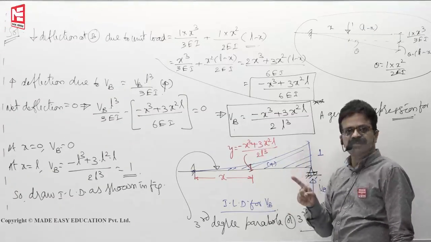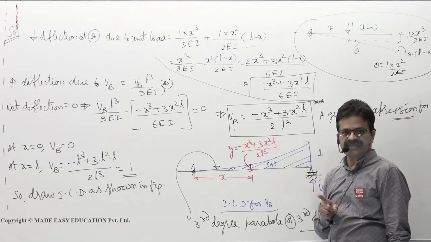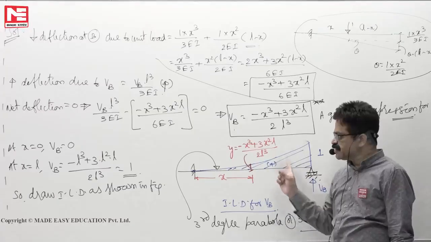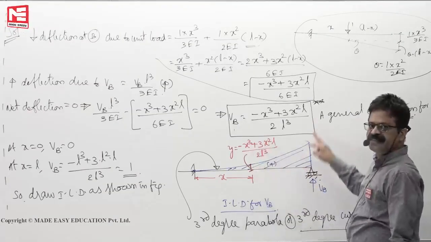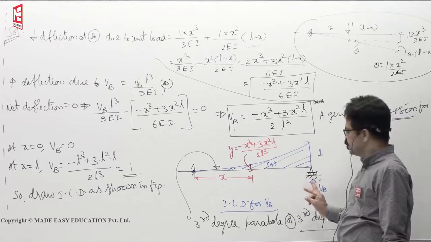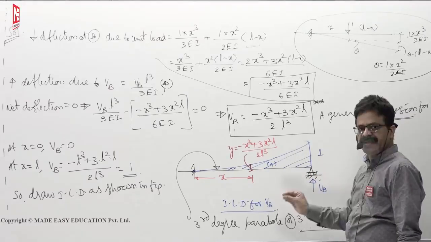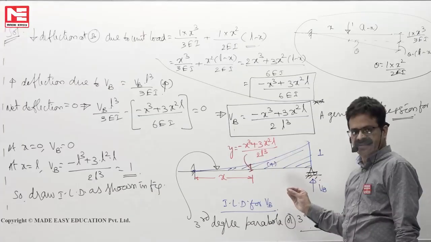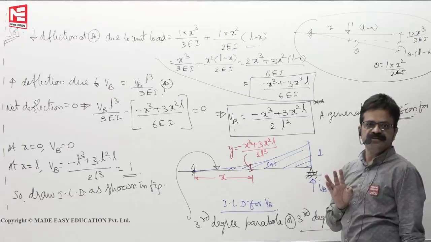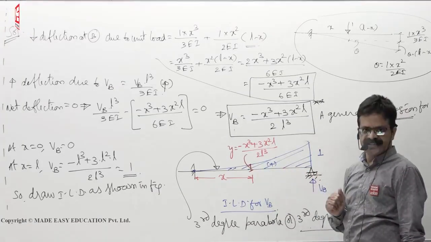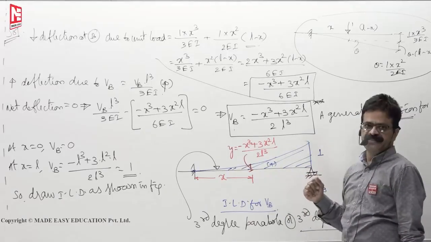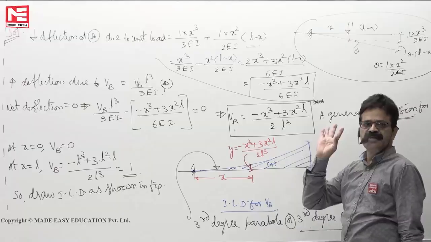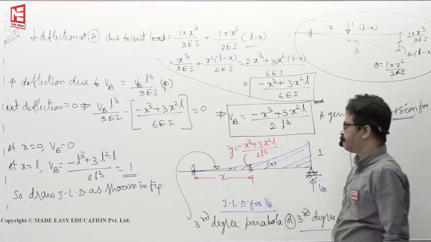That means Betti's reciprocal theorem is applicable to linear elastic structures, which means that Muller's principle, that the deflected shape of the beam gives you the ILD for reaction, is valid for statically determinate or indeterminate structures, but they must be linearly elastic structures. Only then can you apply Betti's theorem. That means Muller's principle is also applicable only to such structures.